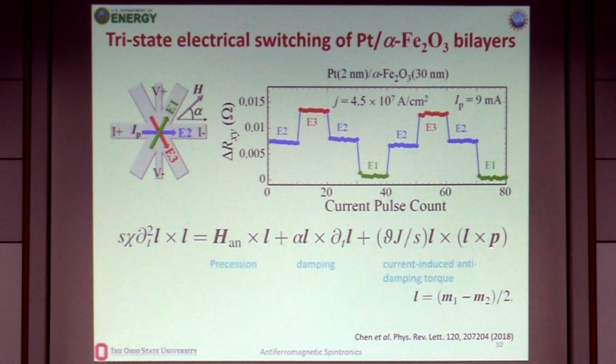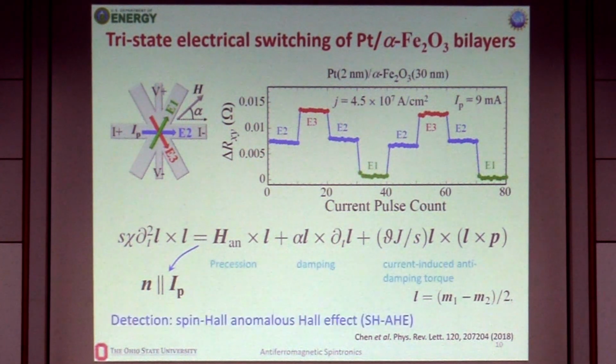The spin polarization is here, L is the Néel vector, and then the spin Hall angle, current, etc. So the net effect is to align the Néel order, the antiferromagnetic spins, with the pulse current direction.